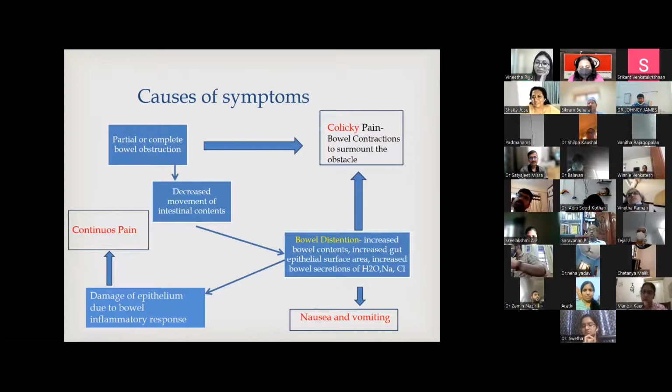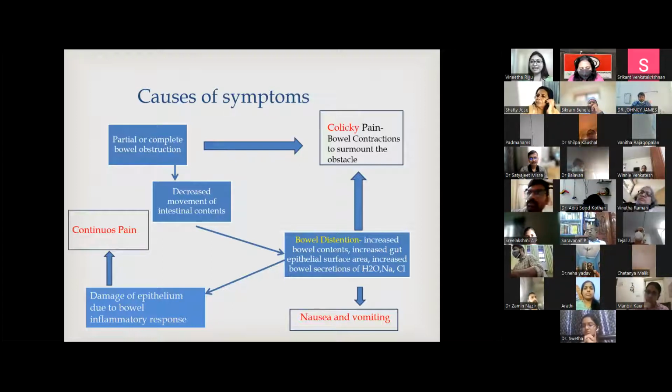Okay, so I was thinking that we could discuss how, at the bedside, we can have a vague idea: okay, this is a small bowel obstruction that we are looking at, or this is a large bowel obstruction. So I do get answers here like X-ray, USG. So what is it in an X-ray that you are thinking about?